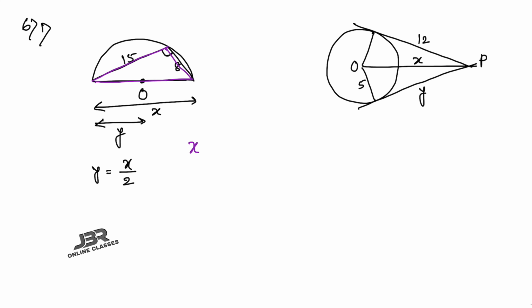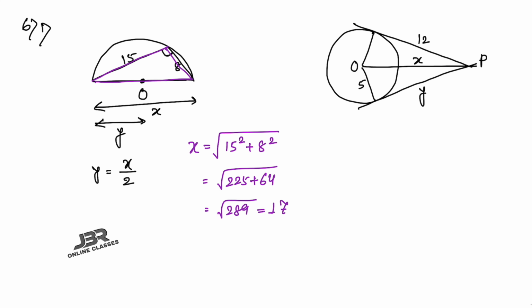So if you want to find x, it will be root over 15 square plus 8 square. So 15 square means 225, 8 square means 64, so that means 289, and that equals 17. So if x equals 17, then y is definitely 8.5, half of 17.